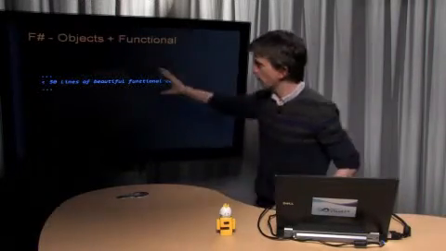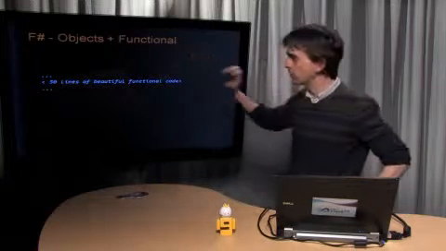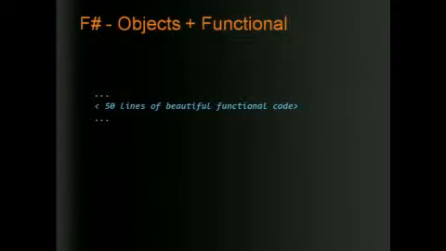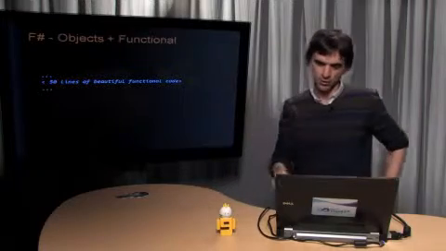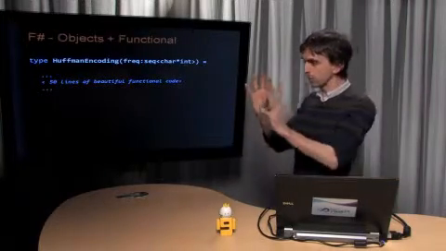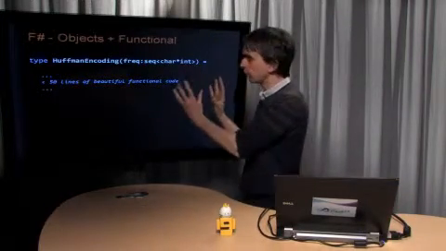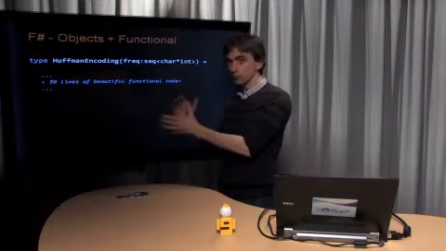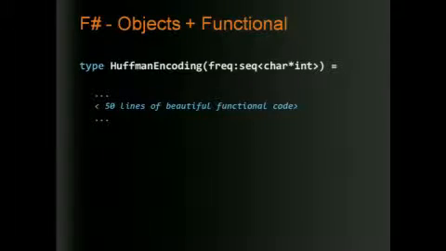So for instance, there's a great example by Luke Hoban on his blog. Luke Hoban works on the F# team here at Microsoft. And he has this lovely 50 lines of functional code implementing Huffman encoding. And then he shows how to turn that into a .NET object that can be accessed from any other .NET language in a very reliable way.